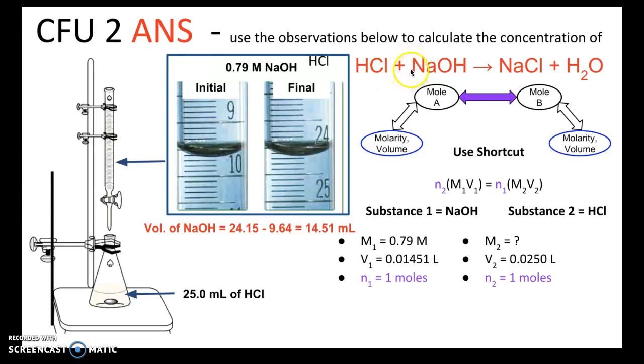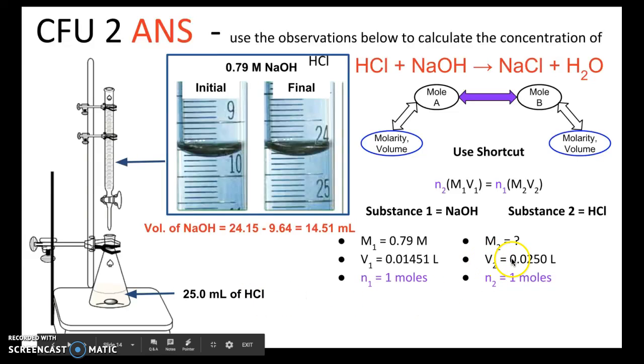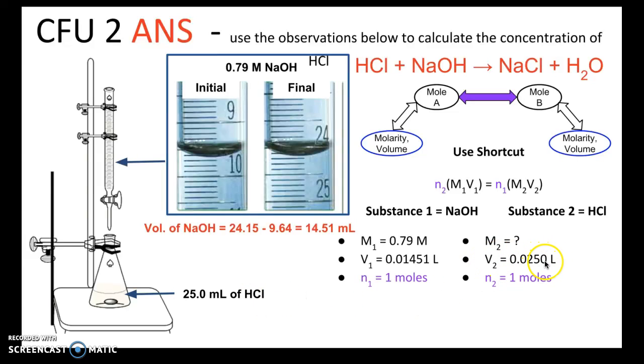The coefficient in front of NaOH is 1, so N1 is 1. For substance 2, it's HCl. The molarity is what I'm trying to figure out. The concentration of HCl is what I'm figuring out. My volume 2 is 25 milliliters of HCl, and again, I converted that to liters by dividing it by 1,000. N2 is the coefficient in front of HCl in the balanced chemical equation. There's a 1 there, so that means N2 is 1.